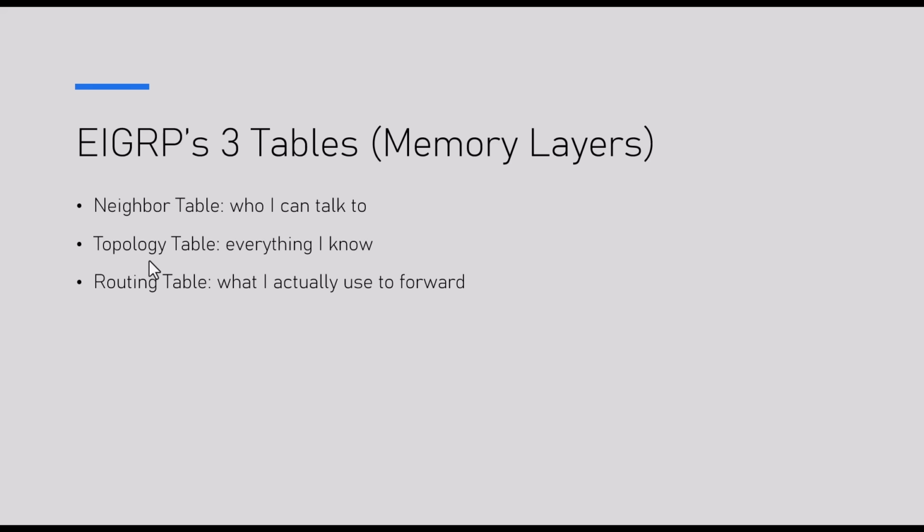This is only the prefixes that I have. And before installing this inside my routing table, I'm just going to put it in the topology table, and I'm just going to compare some values inside that so that I can make sure that this value is the best one, and I'm just going to put that in the routing table after that. And of course, from the routing table, it goes into the CEF table, in case we call it the forwarding table actually. So these three tables are going to be important for you.